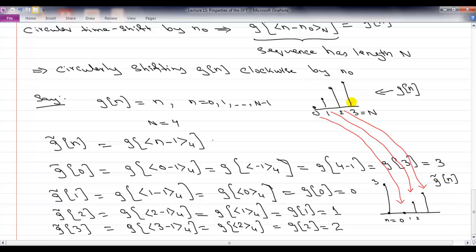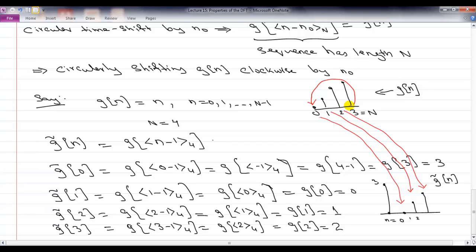So what do I do? I basically wrap that around. I still have n equal to 0 left. Instead of moving the little n equal to 3 point further to the right, I actually move it to the 0th location. So it's like n equal to 3 is circularly connected to the 0th location.